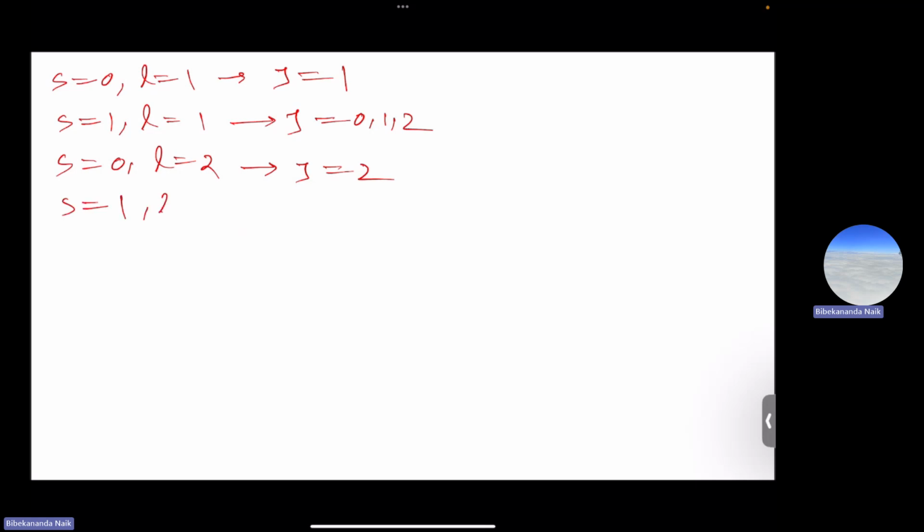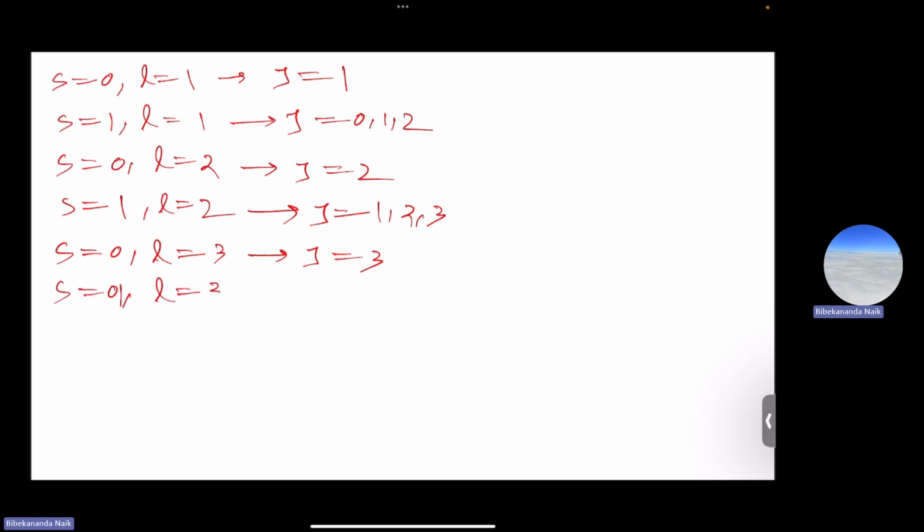S is 1, L is 2, so J will be 1, 2, 3. Then S is 0, L is 3, J is 3. S is 1, L is 3, J is 2, 3, 4.